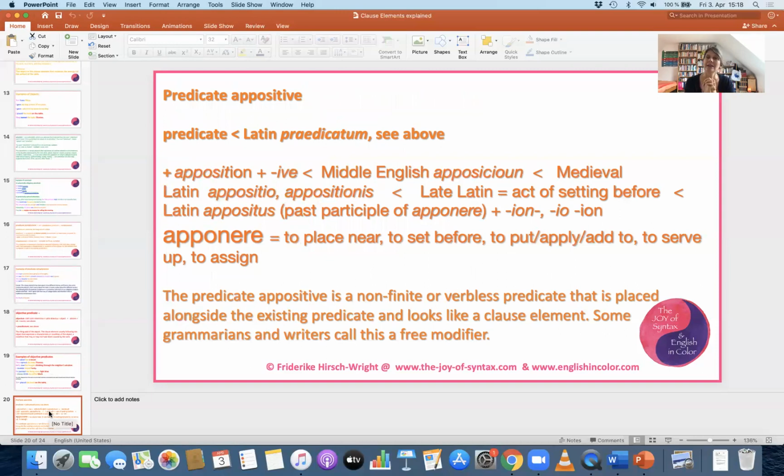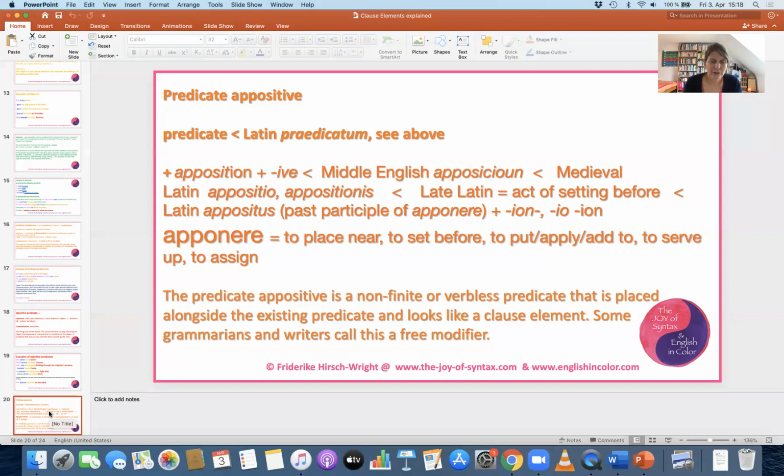Finally, we have an element that often looks like a clause element, but it is not a clause element. A predicate appositive. I explained the word predicate multiple times. Now, so we know it's making a statement about, saying something about, uttering something about.